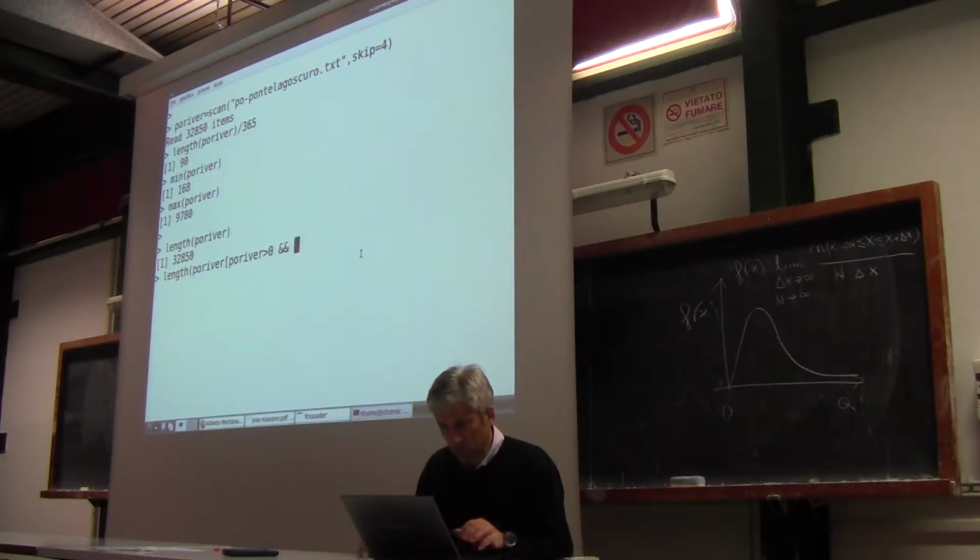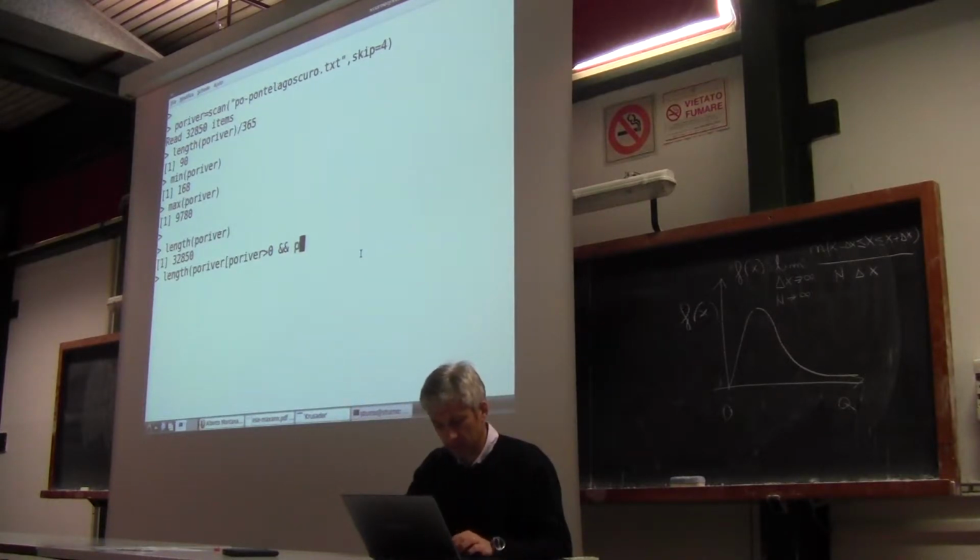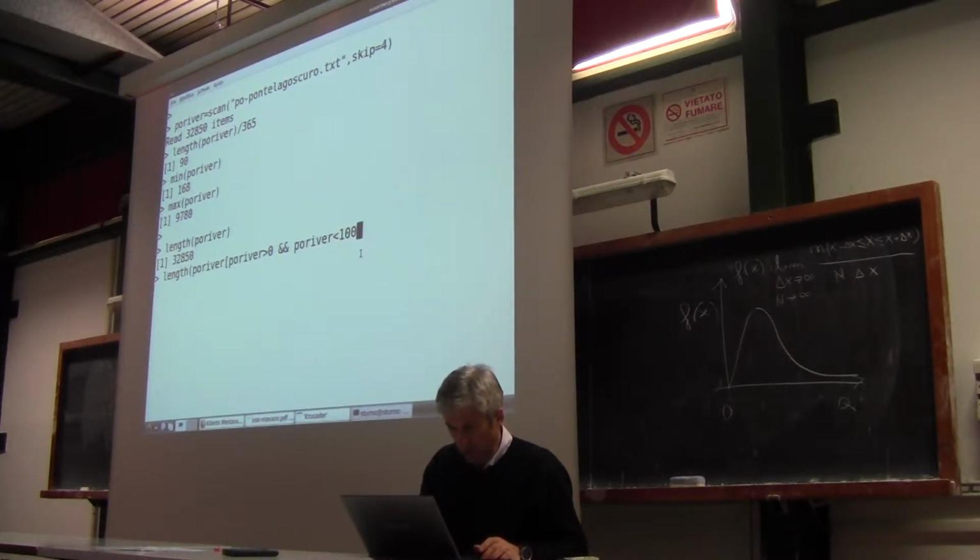Let's try in this way. I don't remember well how to put two conditions, but I think this is fine. And for river less than 100. If we do this, we should get 0 if it is correct. Fine. Let's now try from 100 to 200, and we should get some. No, it's still 0.